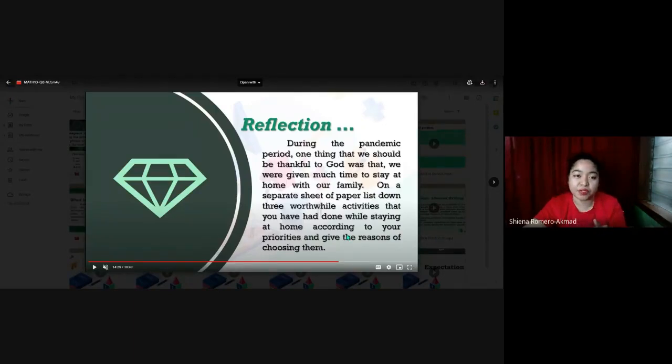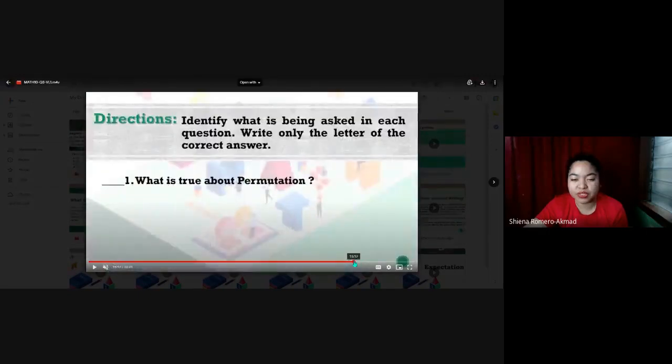Of course, it has something to do with permutation because you choose a certain activity. If this is your first activity, why is it first? You have to reason it out. Why is it second? Why is it third? All you have to do is choose 3 worthwhile activities. And you have answered the post test already.